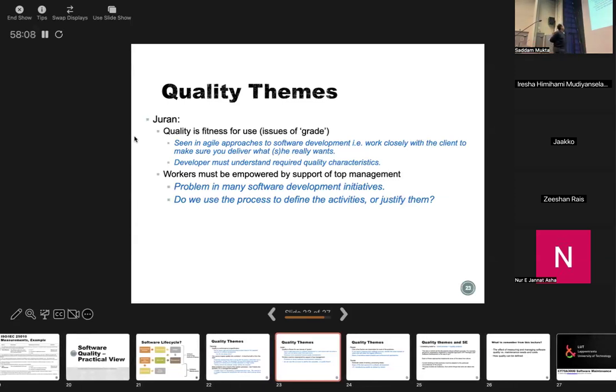So there are some other themes. Juran says quality is fitness for use. This is seen in the agile approach in software development: work closely with the clients to make sure you deliver what they need. In agile, at every step we can interact with the customers and the management, so definitely we can make a high quality product.